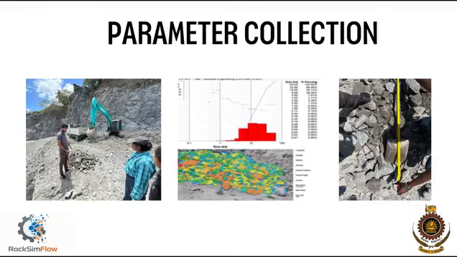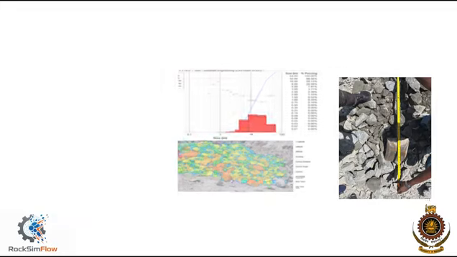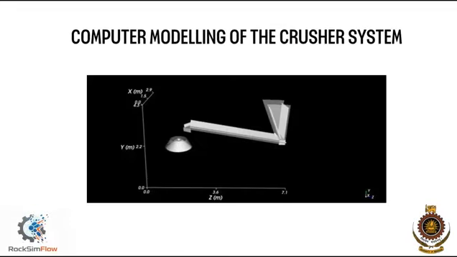We first collected the essential parameters such as particle size distribution, material properties, and crusher geometry. These inputs were then used to create a component model that simulates rock particle interactions inside the crusher.